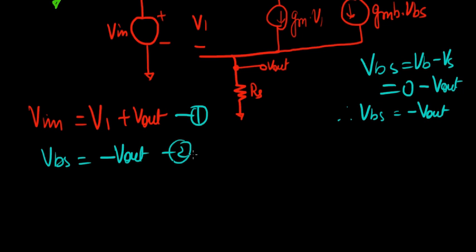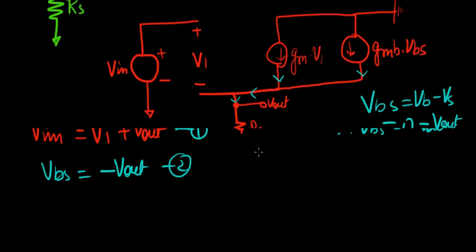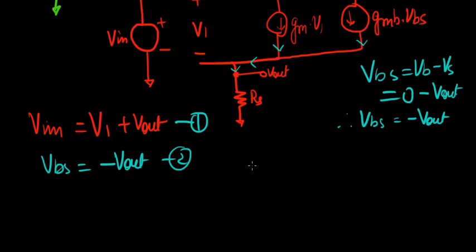It's the second equation. Now from here, let's write the equation for current. Here's one current, here's another, and they both add up to come through here. So GMV1 is the current here, GMBVBS is the current here, and here the current should be V out over RS.